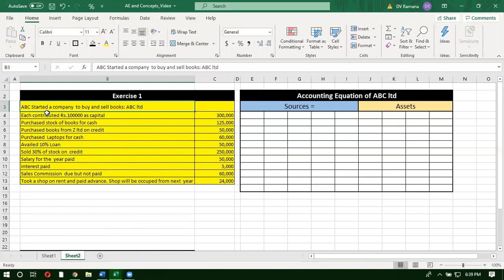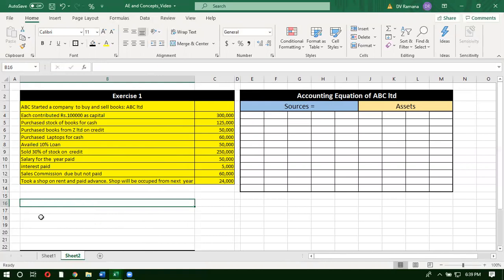So the first question is, is the accounting equation of ABC or ABC Limited? As per the accounting concepts, as I mentioned, while converting these decisions into equations, we will pick up certain accounting concepts.